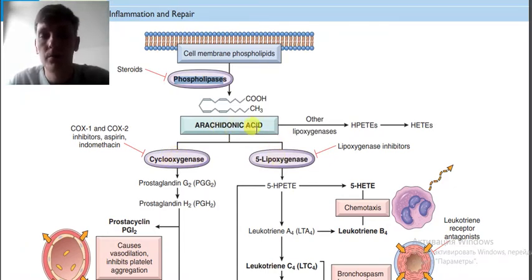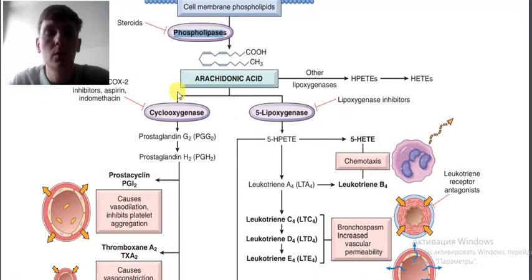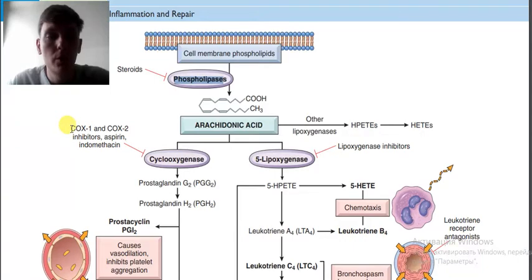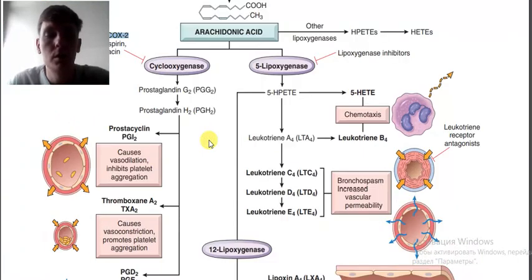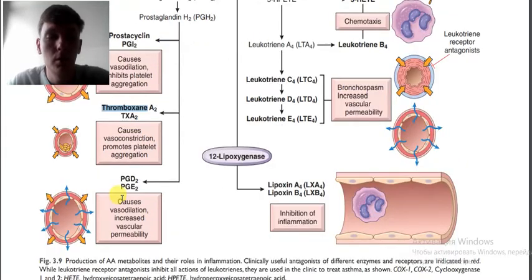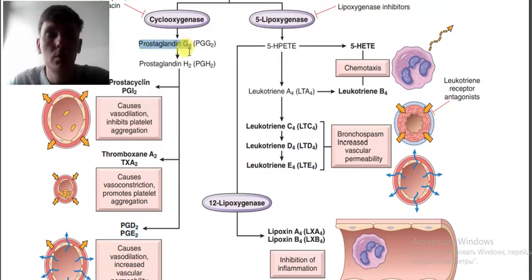Okay, in the cyclooxygenase pathway, this one is the most important we should know about. We have COX-1 and COX-2. This cyclooxygenase produces different types of products: prostacyclin, thromboxane, and prostaglandin D2, E2, G2, H2, and their activity is different.